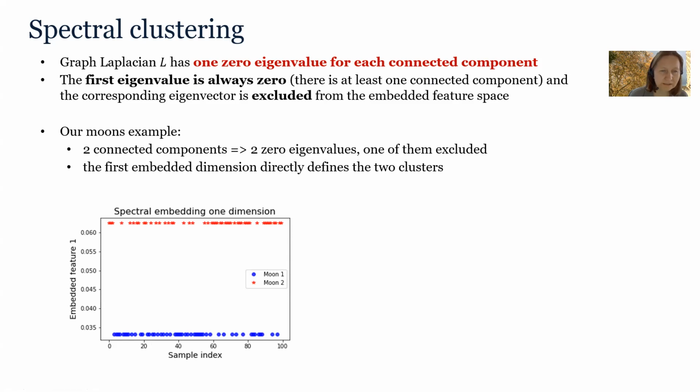So we can see that this first dimension directly defines these two disconnected components of the graph. So when the clusters are disconnected, the dataset falls into several discrete feature points in the embedded space.